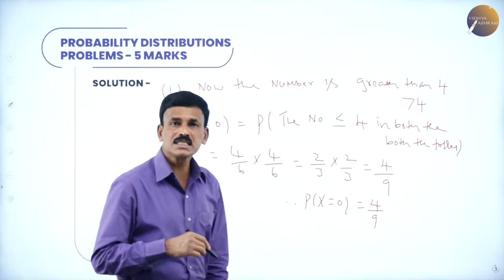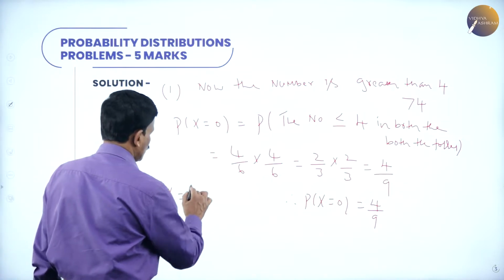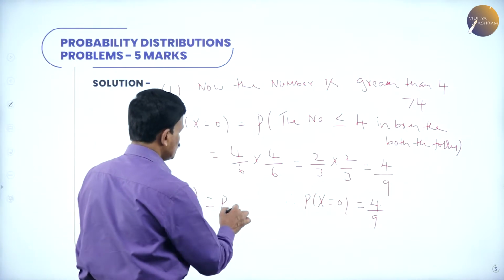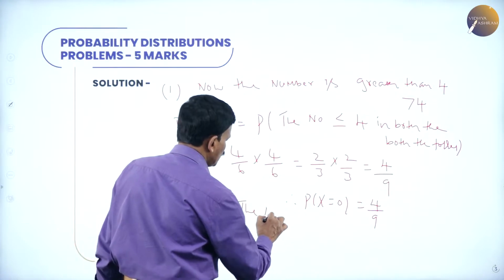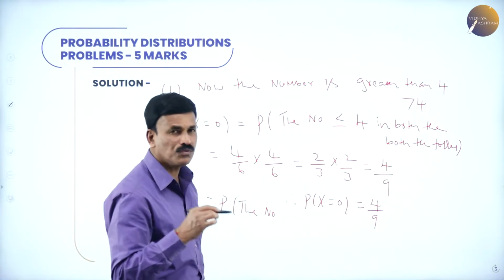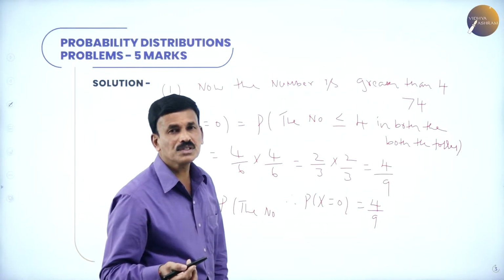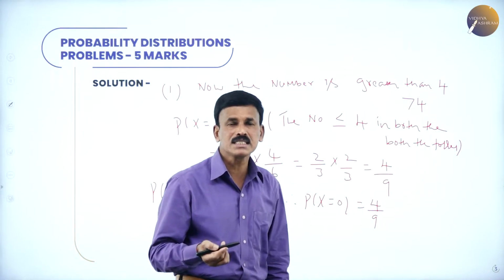Okay. Now let us consider p of x is equal to 1. So p of x is equal to 1 means the probability that the number is less than or equal to 4 in the first case and greater than or equal to 4 in the second case, plus the reverse.